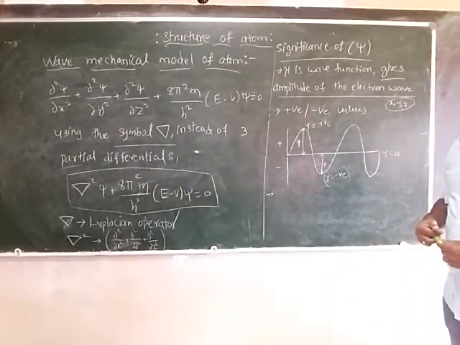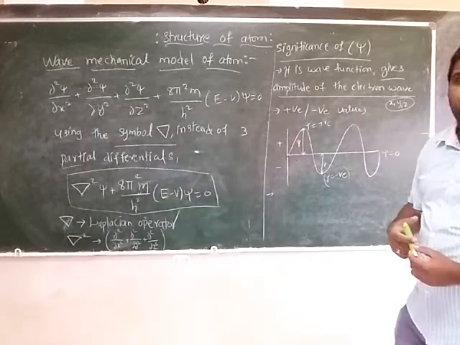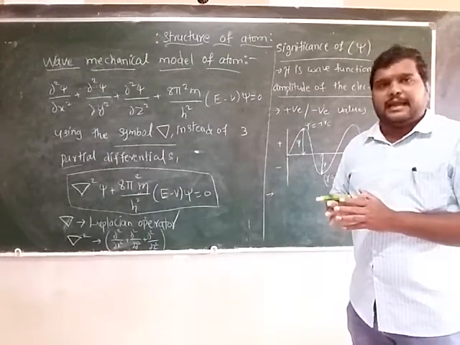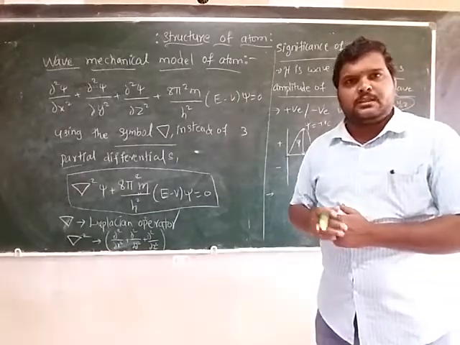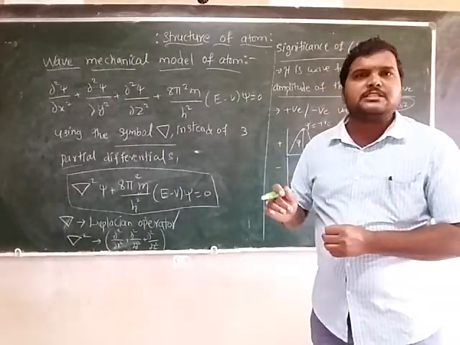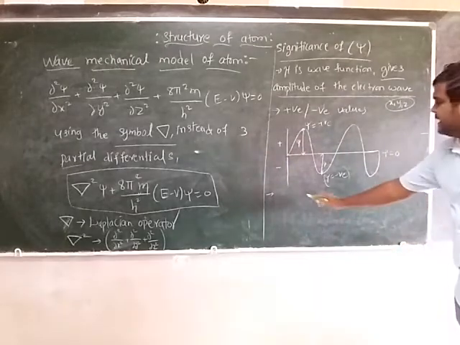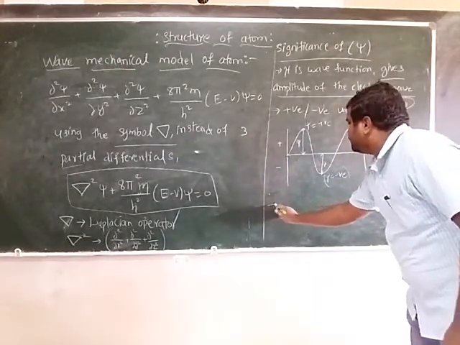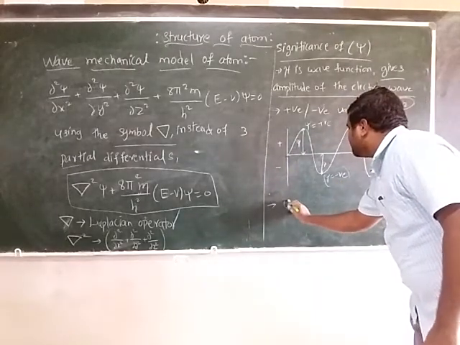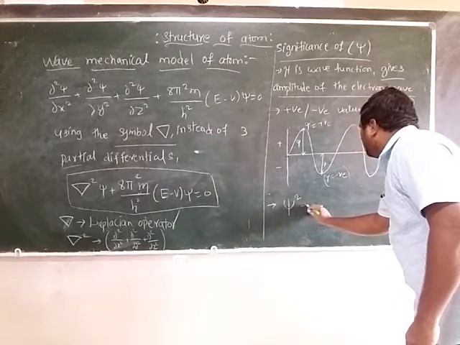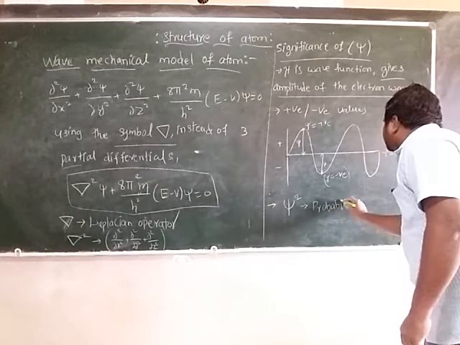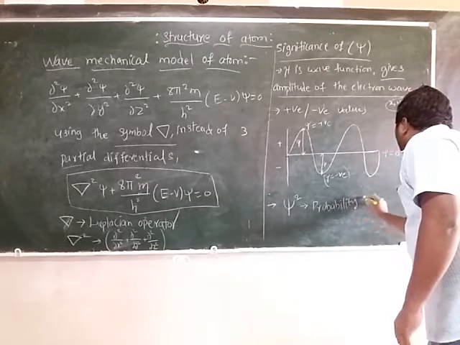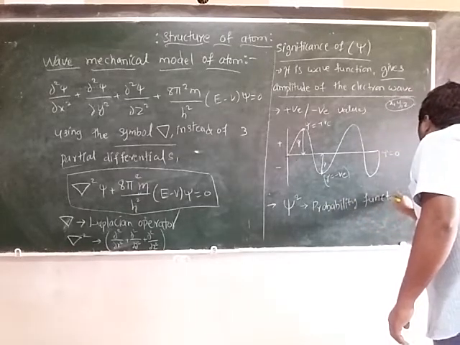Schrodinger tried to give the probability of the wave function, the probability of the electron. So the probability must always be positive. That's why, instead of the wave function, he has taken psi square. This is called the probability function.